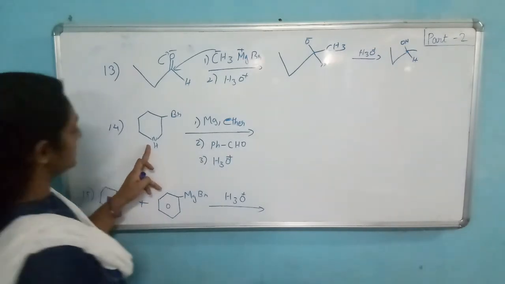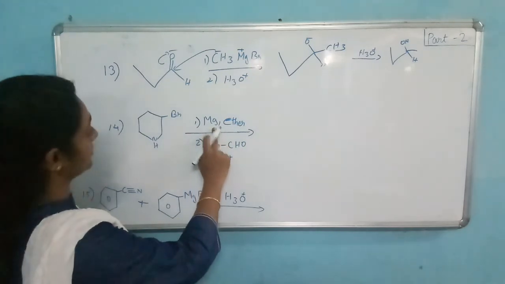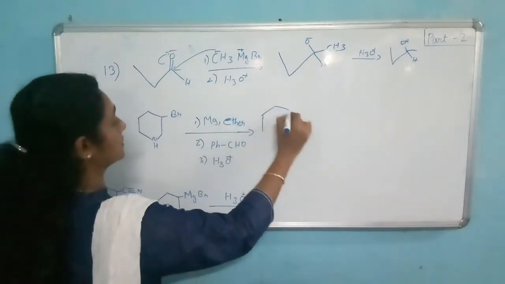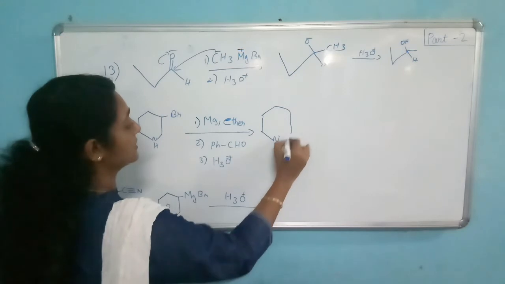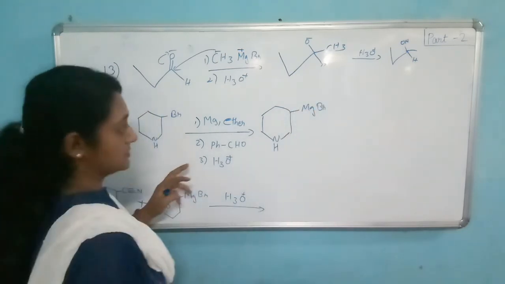And on the cyclic amine, the first step is the addition of magnesium, NH MgBr. This is the Grignard reagent.